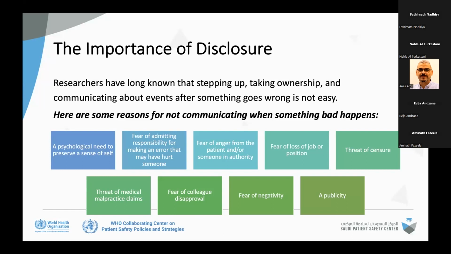A lot of people do not do open disclosure because they are afraid to lose their jobs; threat of censure, threat of medical malpractice claims, fear of colleagues' disapproval, fear of negativity or publicity. They are afraid their image will be used publicly in a bad manner.